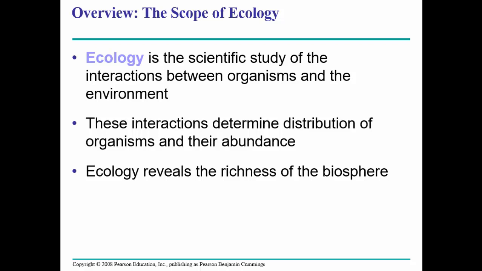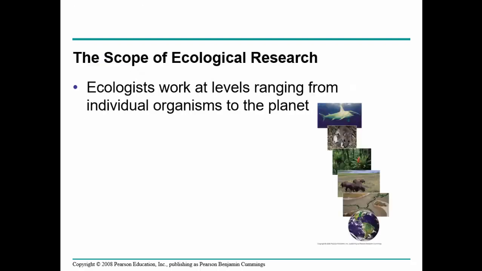And in general, on a bigger scale, like at the biosphere level, ecology is able to reveal the richness of the biosphere: how many organisms, and what organisms live in the biosphere. Ecology is the study that is able to reveal it.